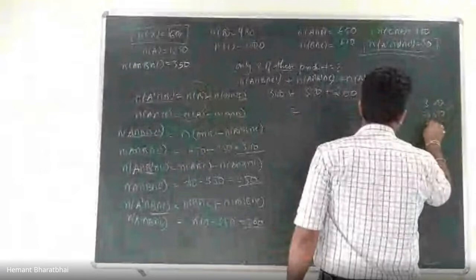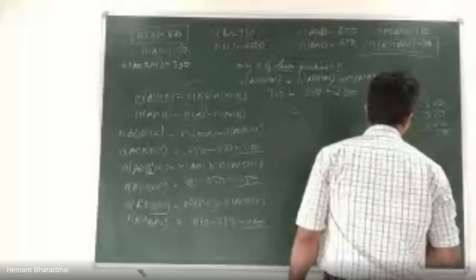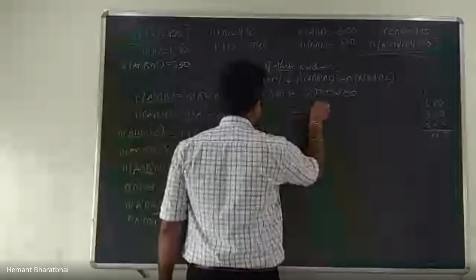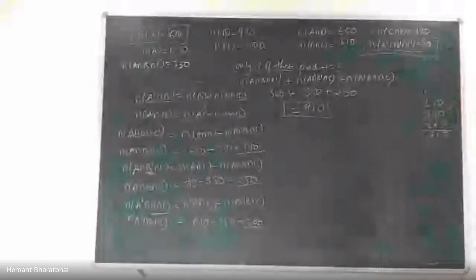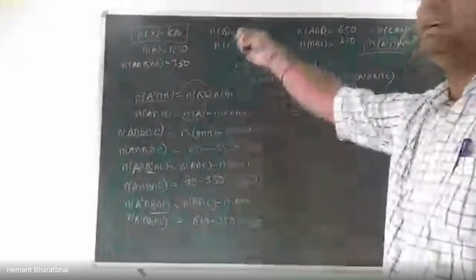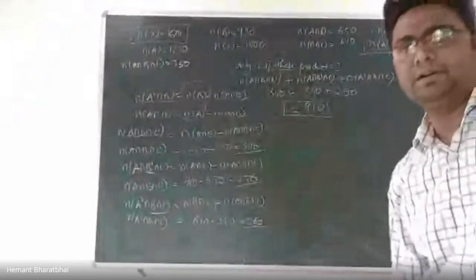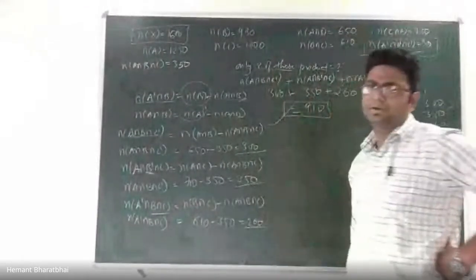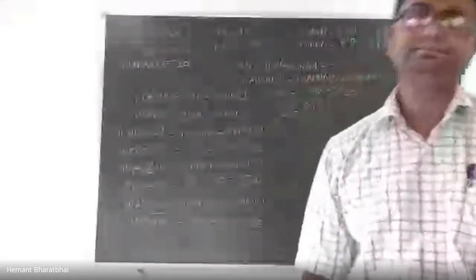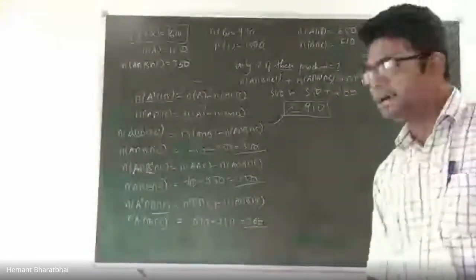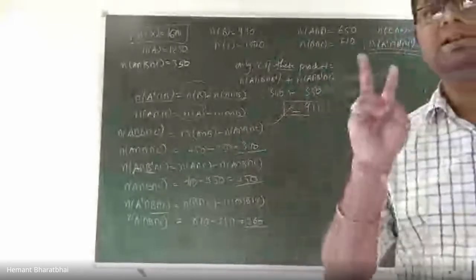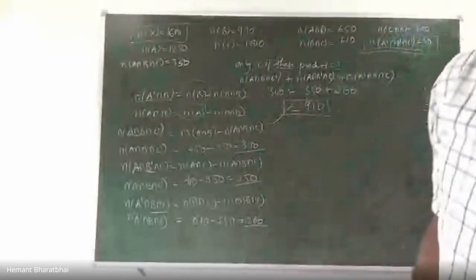So that is 0, 11, and 9, 910. So out of 1600 consumers whose survey was taken, there are 910 consumers who have liked at least two products. I hope you have understood this.